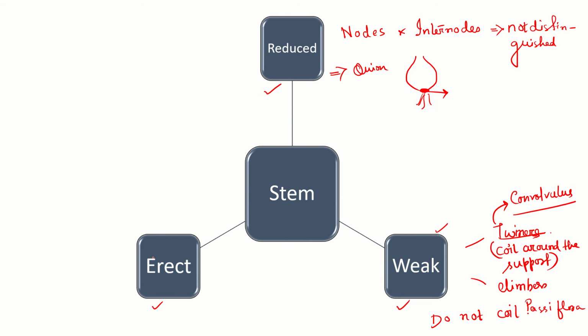And finally we come to erect stems. There are various types of erect stem. From the very word you can understand that the stem is upright. Now erect stem, first we see we have culm.